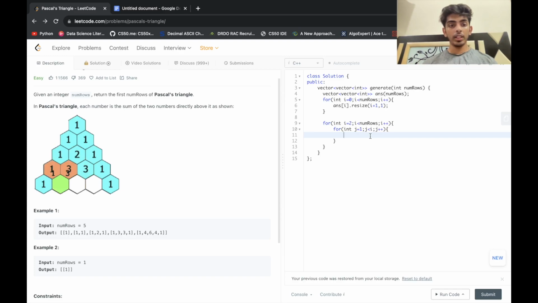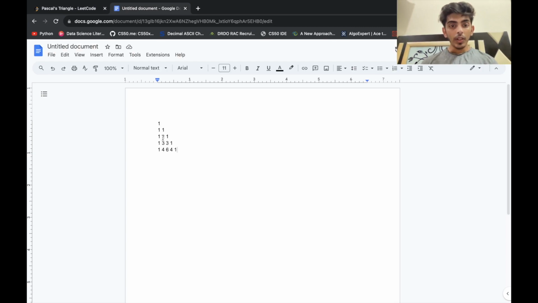After that, answer of i, j must be the summation of this and this, just the cell above and the diagonally above cell.